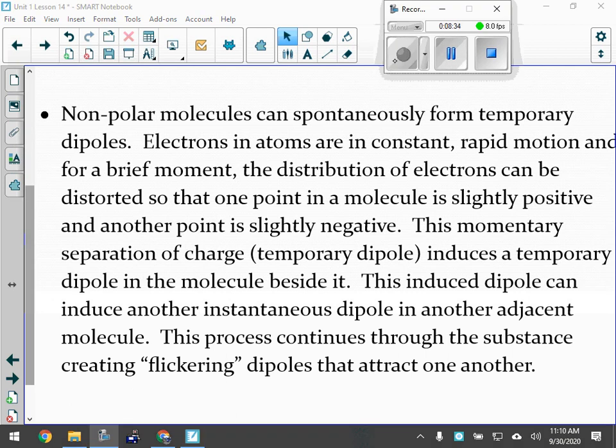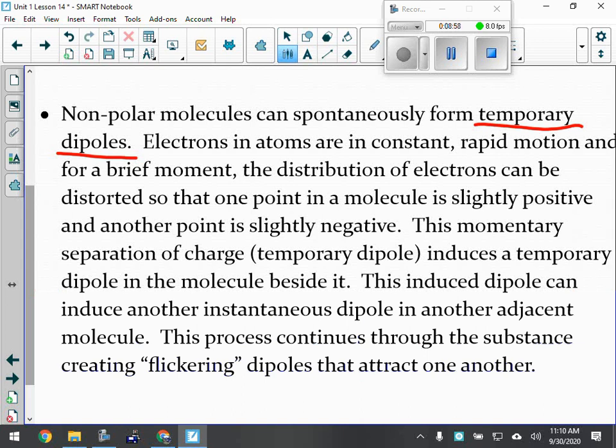And there's a couple key words we have to remember here. Absolutely, very important. Nonpolar molecules can form temporary dipoles. So let's make sure we know that. They form temporary dipoles, okay? Make sure, temporary dipoles. What about polar molecules? They always have a dipole, yes? Why do they always have a dipole?